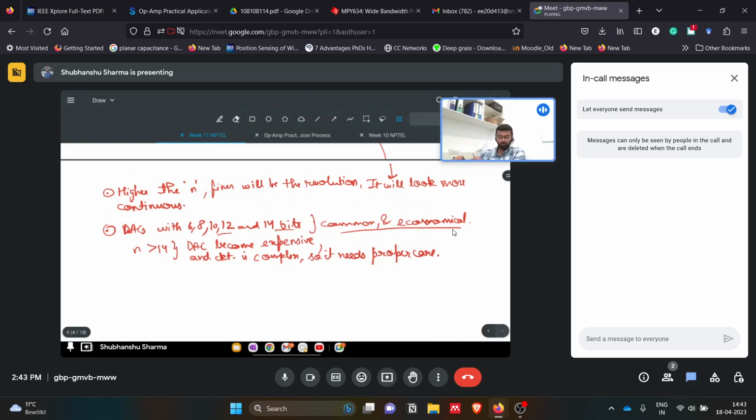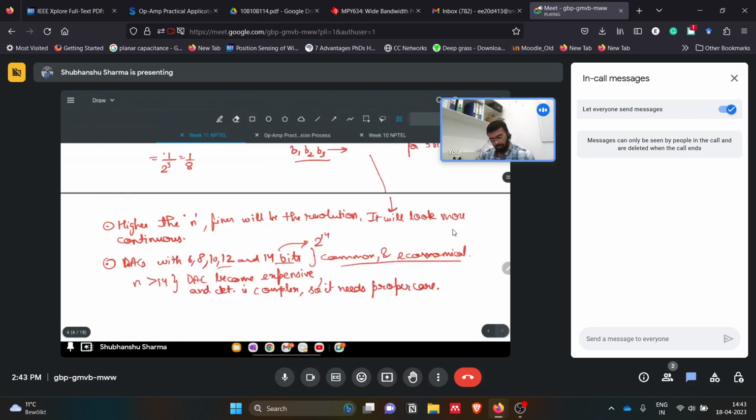So we can go up to 14, and 14 is also really good. In 14 bits we have 2 to the power 14 levels, so it is really high. So the LSB will be 1 upon 2 to the 14. This is scaled based on the V reference voltage, but it is still very small. So we will have a very good resolution in a 14-bit DAC.